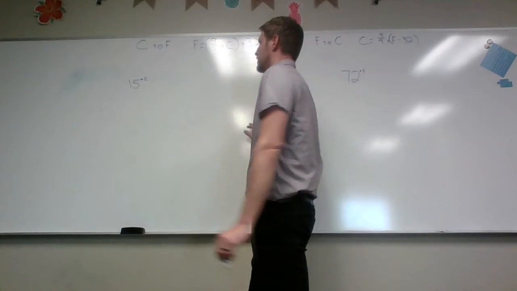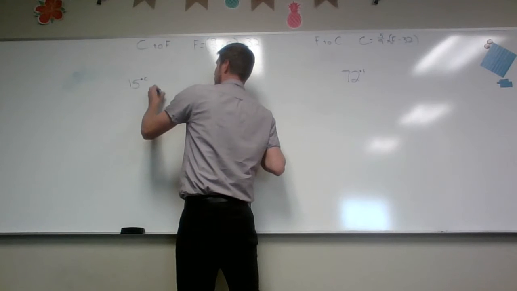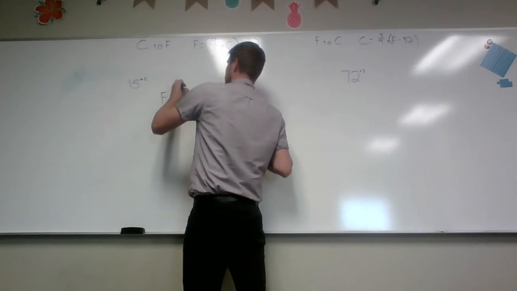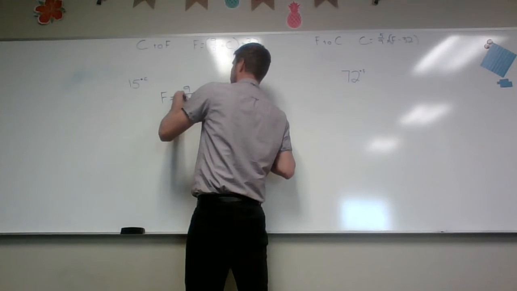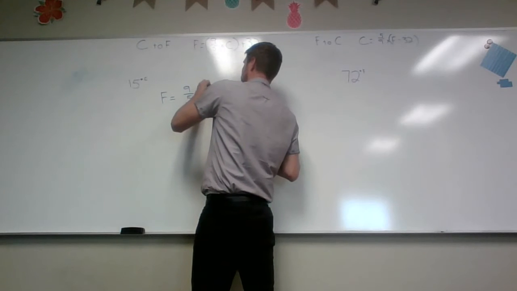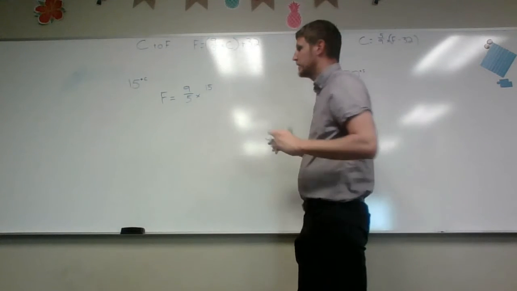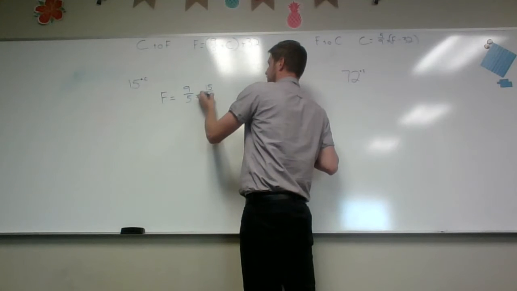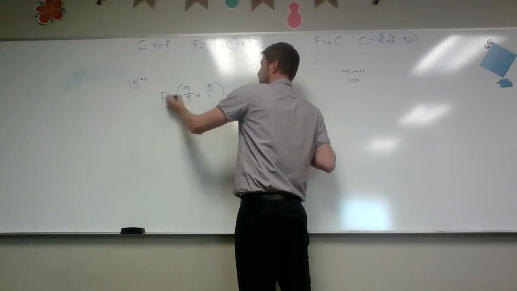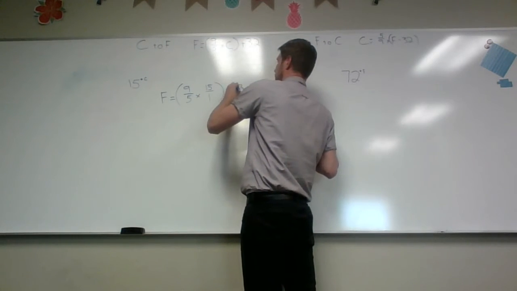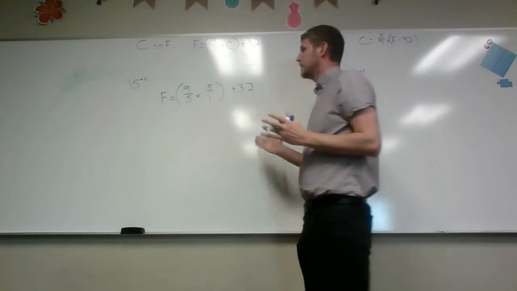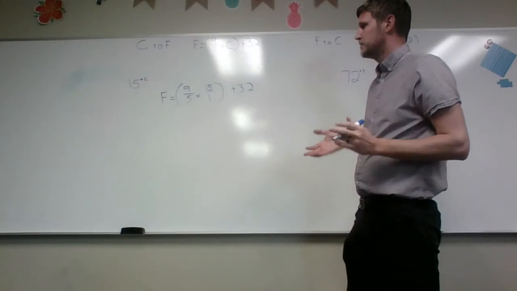So I'm going to use the formula where the Fahrenheit is by itself. Fahrenheit equals 9 over 5 times Celsius. I'm going to write the 15 like that, because I know I'm going to have to put it as 15 over 1. That's in parentheses, and then I'm going to add 32. So now I'm going to do 9 over 5 times 15 over 1.